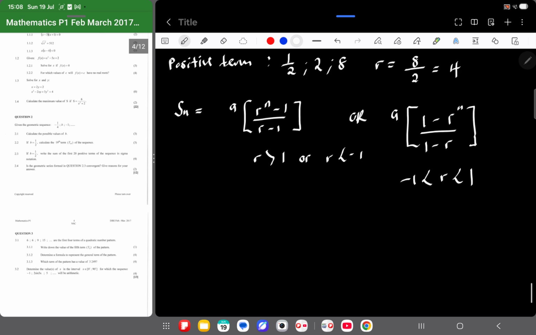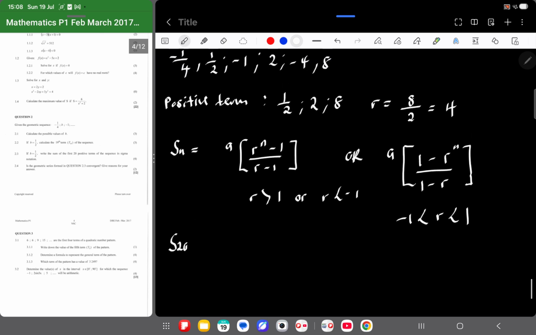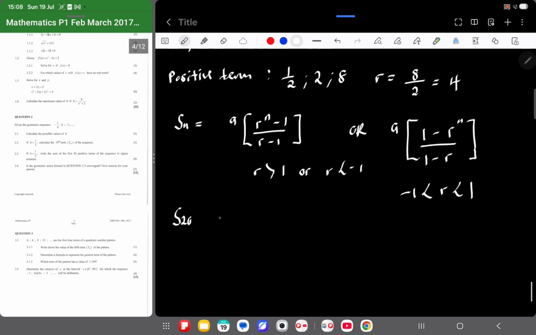So in this case, since our r is bigger than 1, we can use the first formula to find the sum of the first 20 positive terms. Our a in this case would be 1/2, 1/2 multiplied by 4 to the power of 20 minus 1 over 4 minus 1.